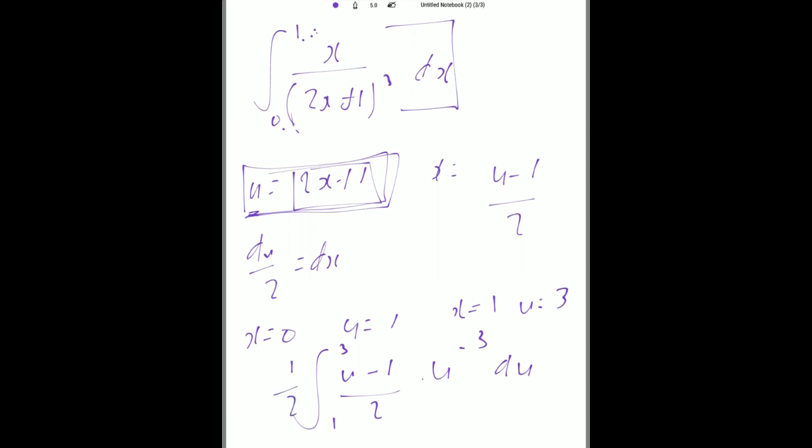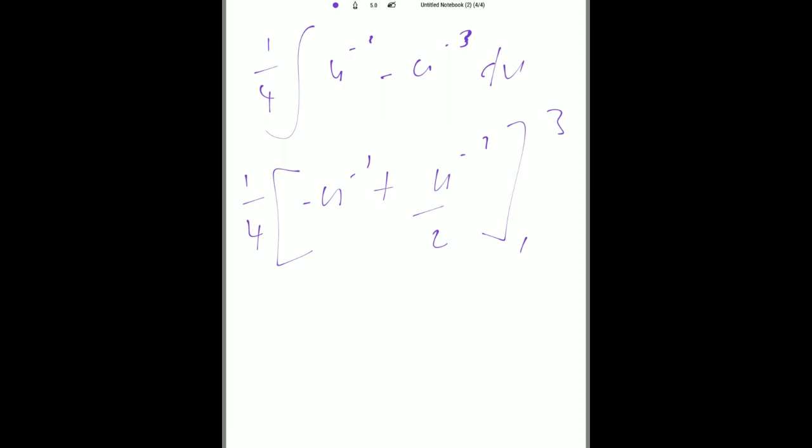And let's go ahead and simplify so that we can integrate this. So let's factor out the other half there, leaving us with u to the negative 2 minus u to the negative 3 with respect to u. So integrating that now gives us what? We're going to be left with a quarter times negative u to the negative 1 plus u to the negative 2 all over 2, from 1 to 3.